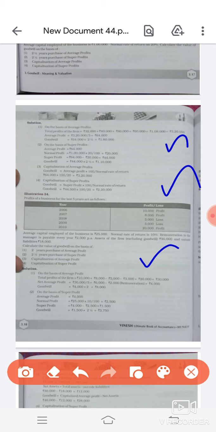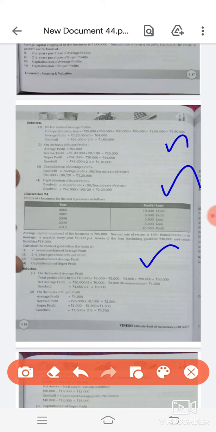The balance amount, 4,000, is called the net average profit. Before subtracting the remuneration, it is called the average profit. After subtracting the remuneration, it is called the net average profit, because we are subtracting the expenses.